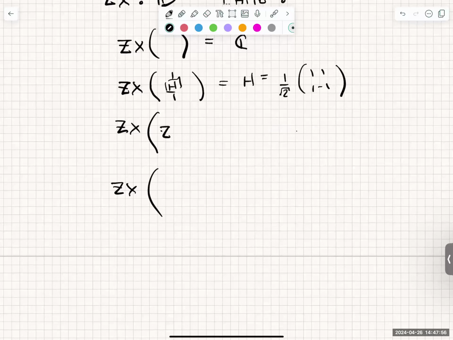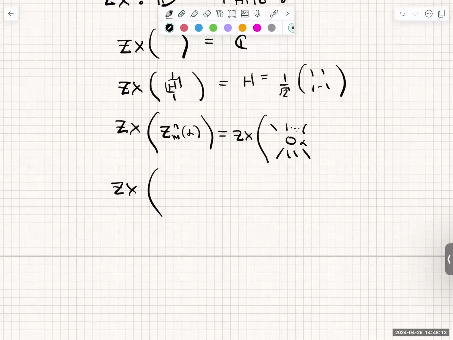So we have these basic components, M, N of alpha, which was something like ZX of this, and this here is alpha. How does this work? This is going to give us 0 to the M goes to 0 to the N.